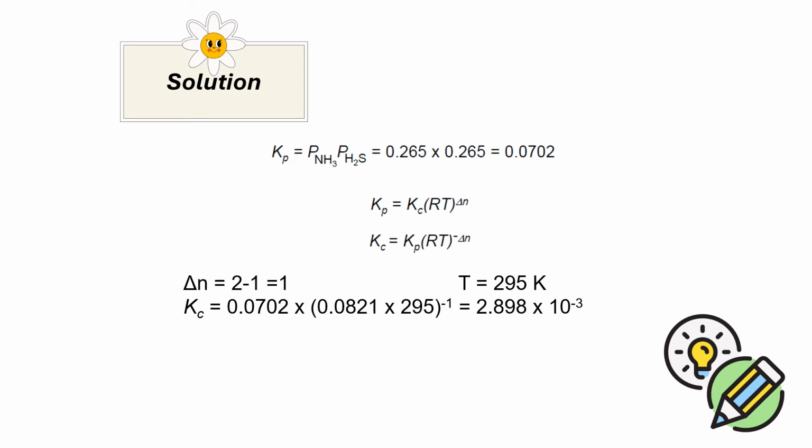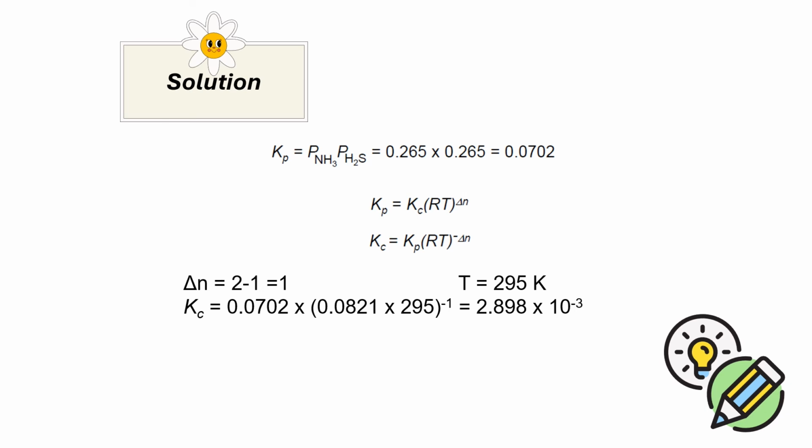As we know, ammonium hydrogen sulfide is in the solid form. So we omit the concentration of ammonium hydrogen sulfide from the equation. Hence, Kp becomes the partial pressure of ammonia times the partial pressure of hydrogen sulfide. So we will obtain the answer 0.0702. For Kc, we will use the equation Kp equals Kc times RT to the power of the difference in the number of moles.